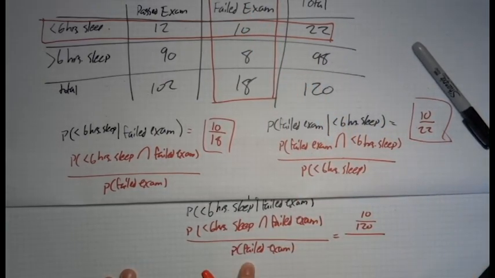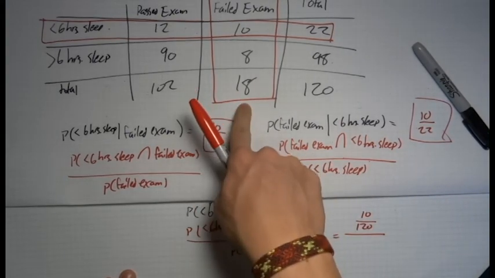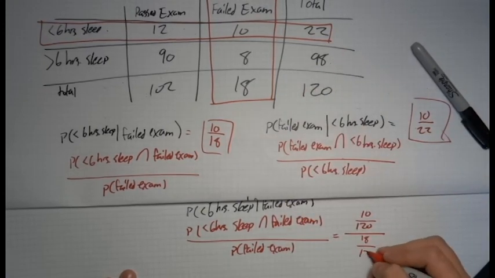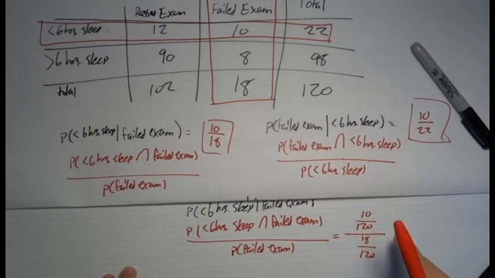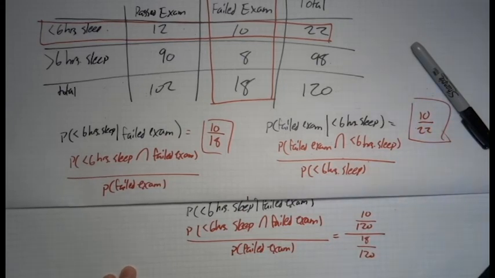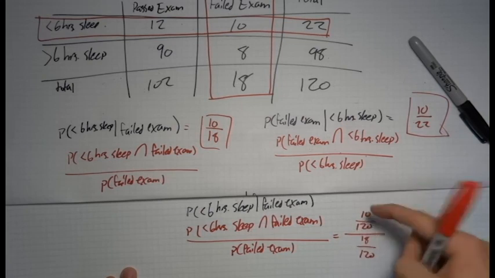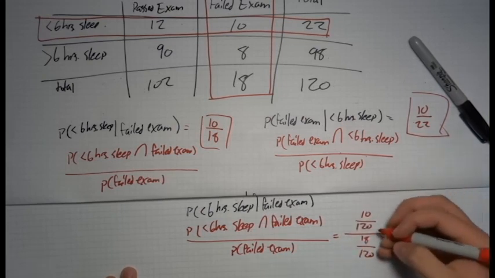And we're going to divide that by the probability of people that failed the exam. Well, the people that failed the exam, we have 18 people that failed the exam. 18 out of the 120 total. So here we have a fraction divided by a fraction. So we can actually write this as multiplying this numerator by the reciprocal of the denominator.